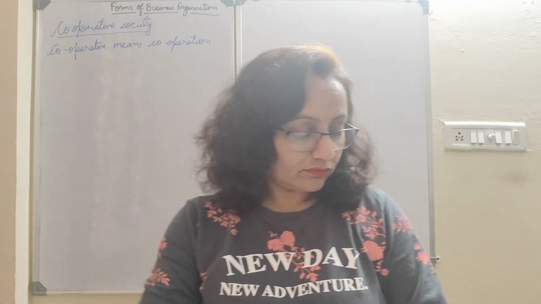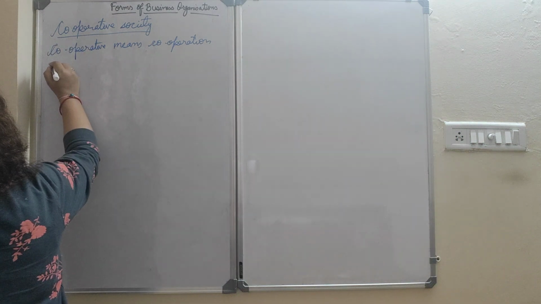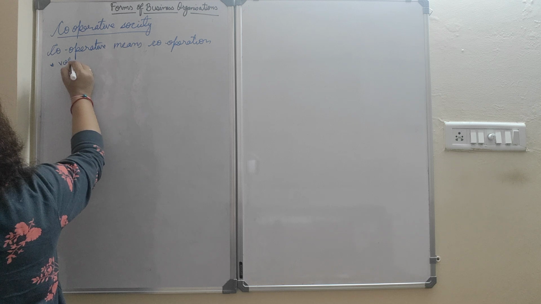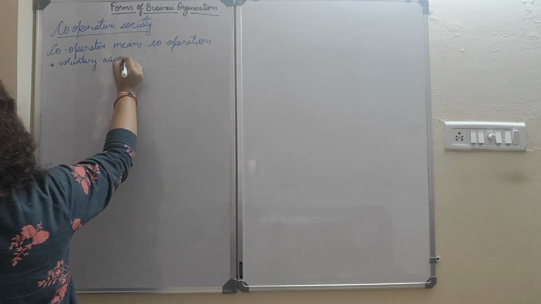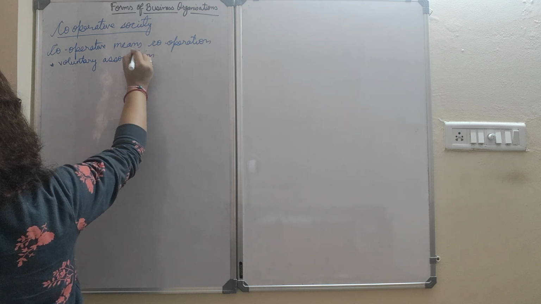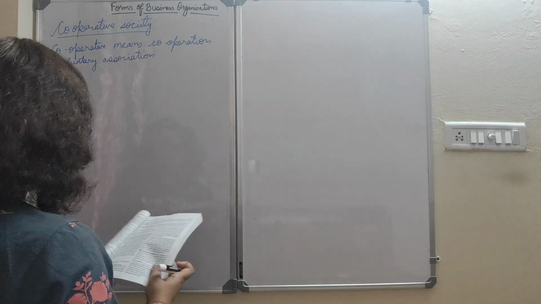That is really a very good and inspiring example of this kind of society, right? Now it is a voluntary association, which means there is always my interest. I am not inviting anyone, but people are voluntarily becoming the member of cooperative society.